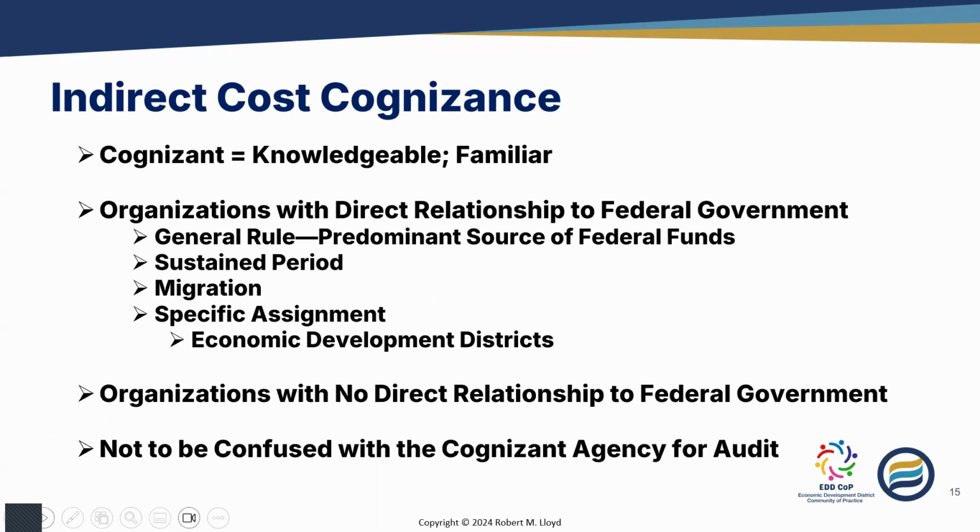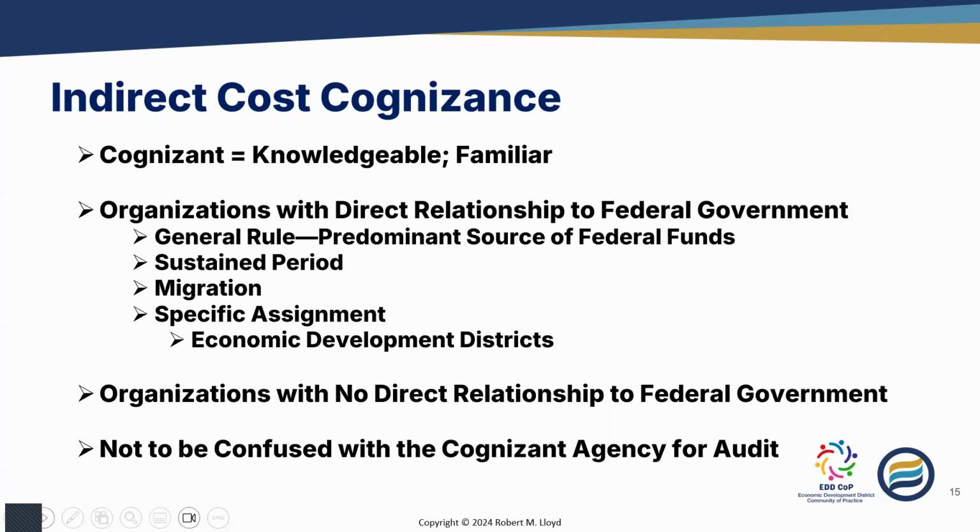Arguably, that agency is the one that's most concerned about the accuracy of your audit report. Instead, indirect cost cognizance is handled by a functional office within the particular agency, and they are the ones that are responsible for overseeing your calculation of indirect costs.